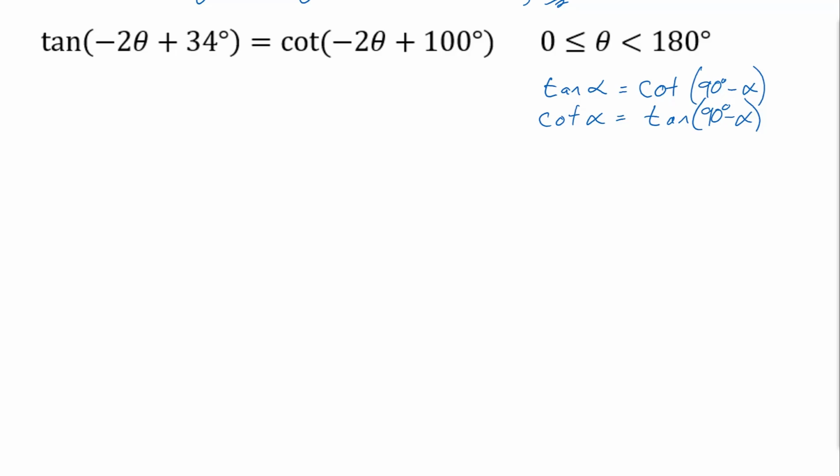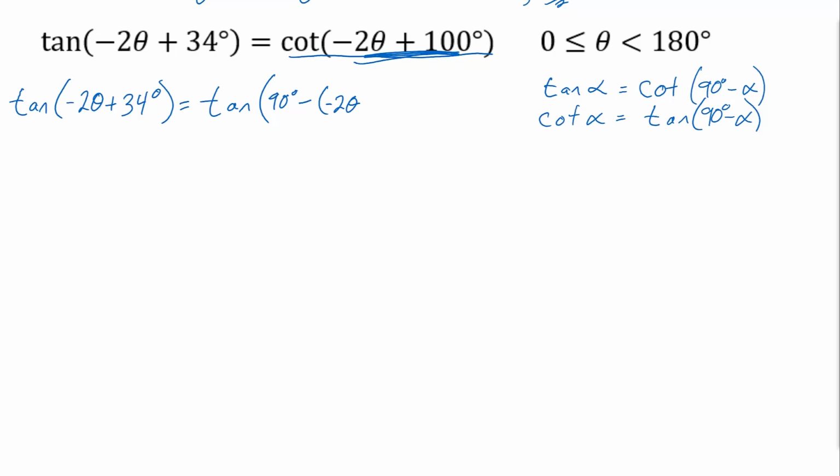So looking at it this way, we can turn this cotangent into a tangent. So I'm just going to recopy the tangent on the left side, tangent of negative 2 theta plus 34 degrees equals tangent of 90 degrees minus whatever this blob up here is, negative 2 theta plus 100 degrees.